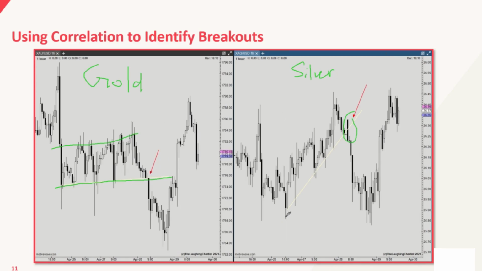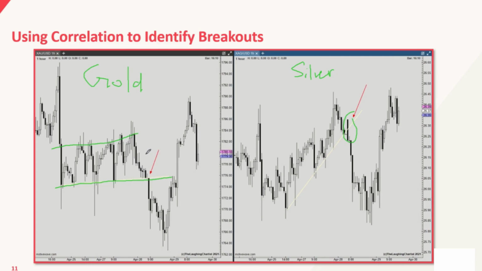However, when you're looking at silver, silver pushes up and then there's such a strong breakout. That gives you greater confidence. I'm not saying it's 100%. It's just playing the probability on your side. It gives you greater confidence that gold could go short as well.